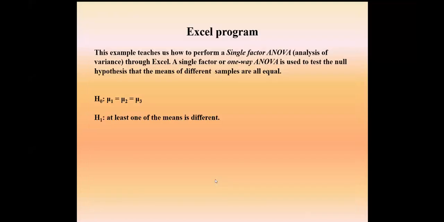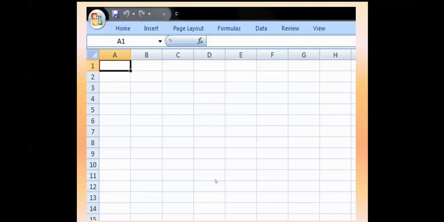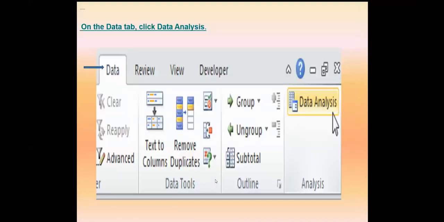Now let me make you aware about the use of this Excel program for analyzing all such data. What you will do, you will simply open the Excel sheet. And in this sheet, you have to put the data which you have collected. This Excel sheet will be appearing, and then you will go to Data that will be appearing on the upper side.